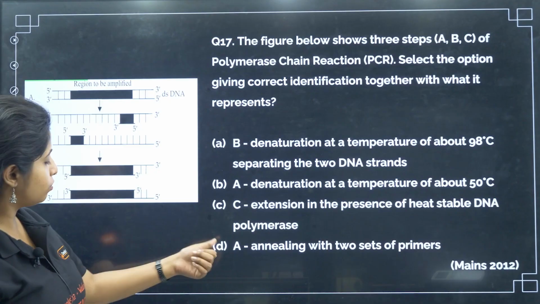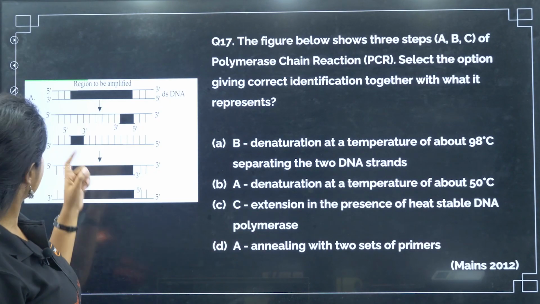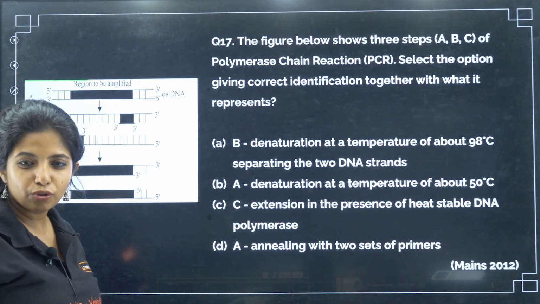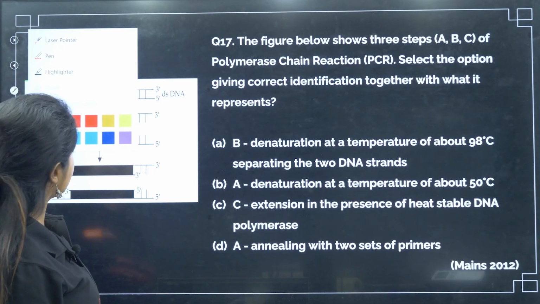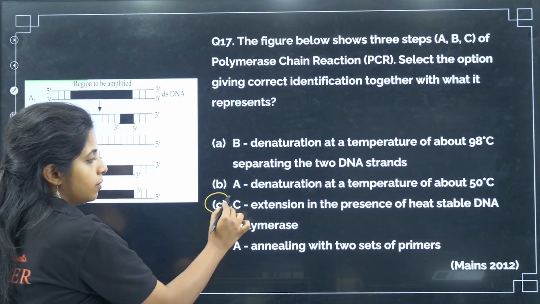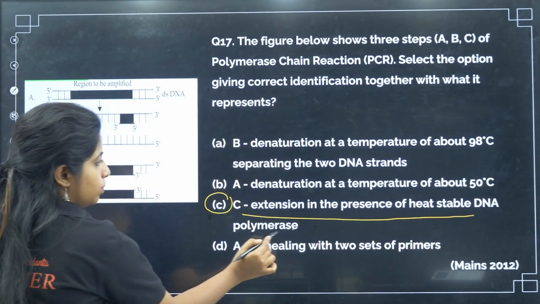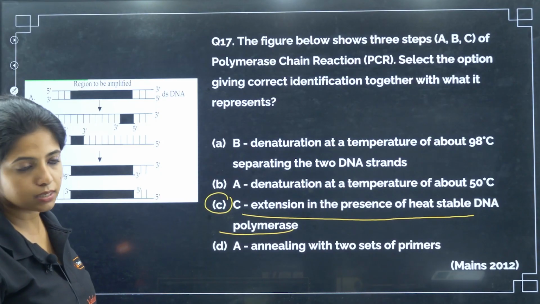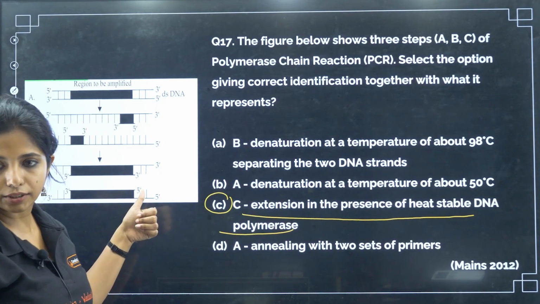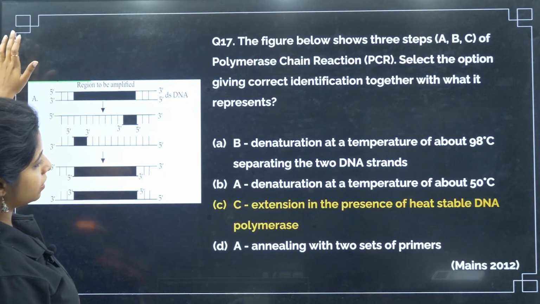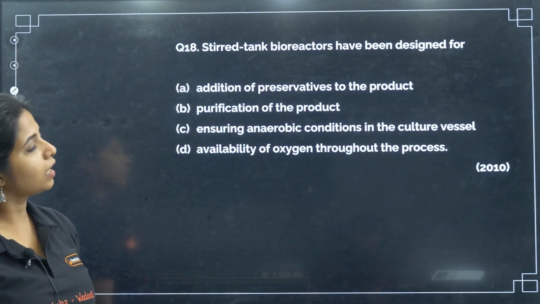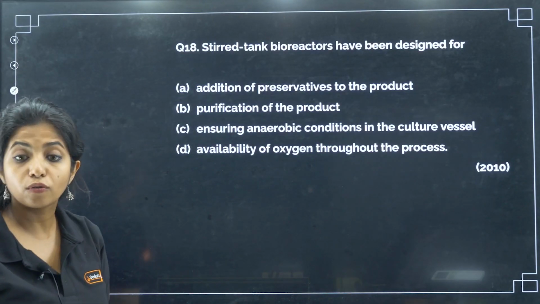Yes, that is correct. A is annealing with 2 sets of primers? No. So your answer is C, extension in the presence of heat stable DNA polymerase. Exactly correct.